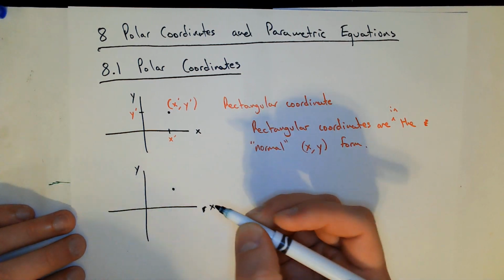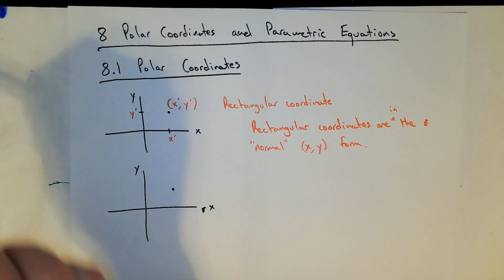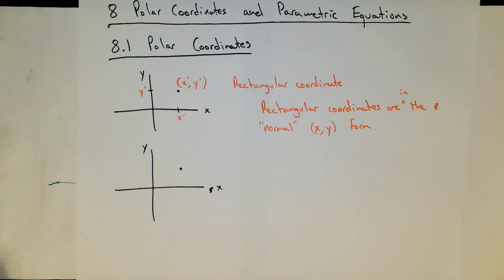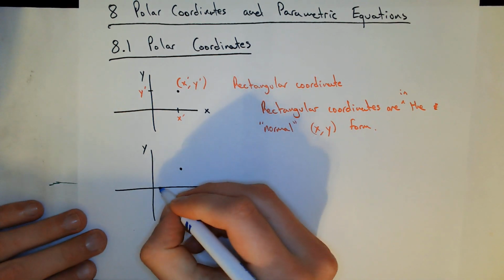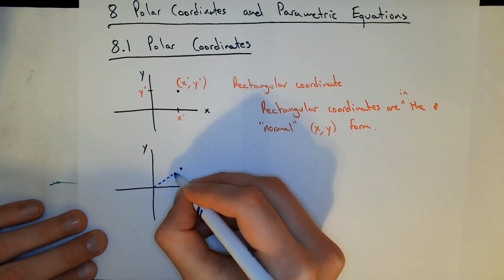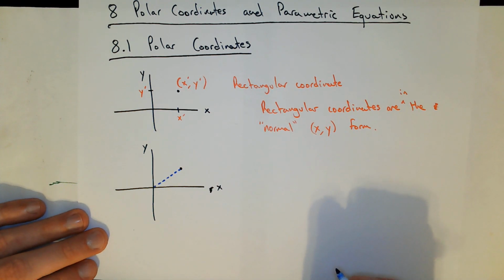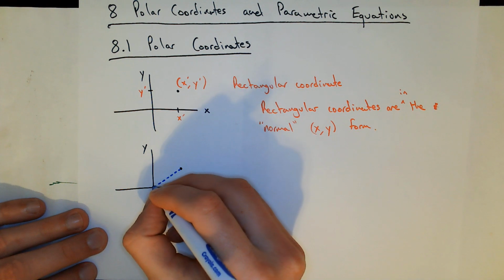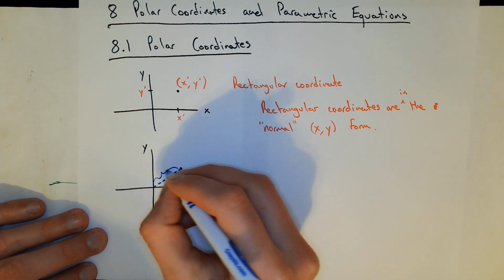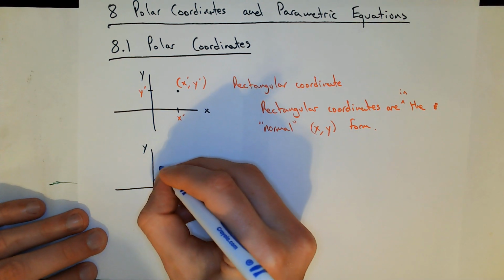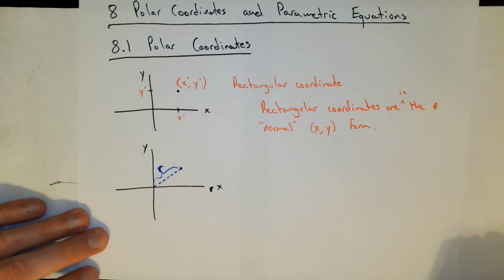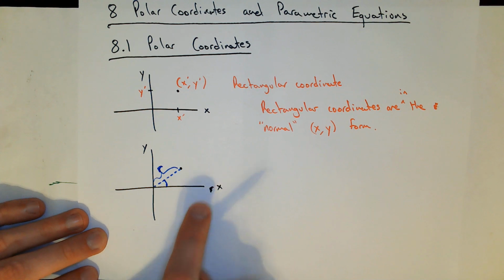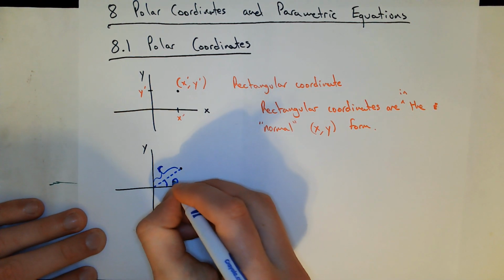So say I had that same point, which was roughly there. The way to describe this point via polar coordinates is to describe its distance from 0, which we call r. So this distance here is r. And its angle with the positive x-axis, which we'll call theta.